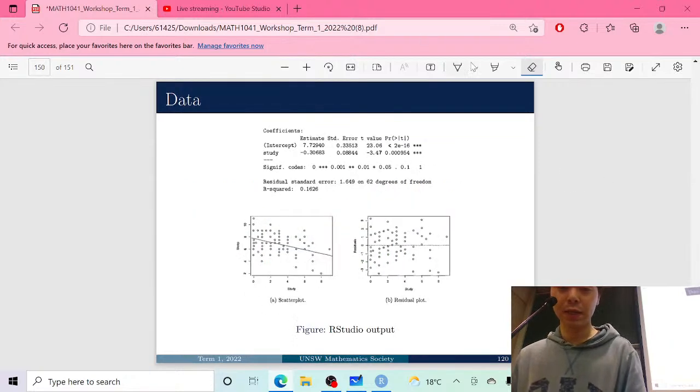So here we can see that these are the coefficients. And there's study here, so this is in terms of our study parameter, and we can see that the p-value for our study parameter is 0.000954, which is very much statistically significant.